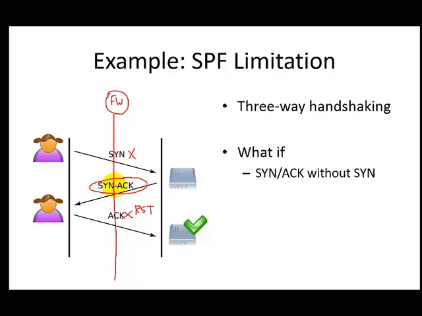So there's no way it can tell whether this is a response to an original SYN request, or an attack packet simply generated by the attacker. So the firewall needs to just pass it on to the receiver in the network being attacked. There's nothing it can do about this. So that's what shows the limitations of the static packet filtering firewall.